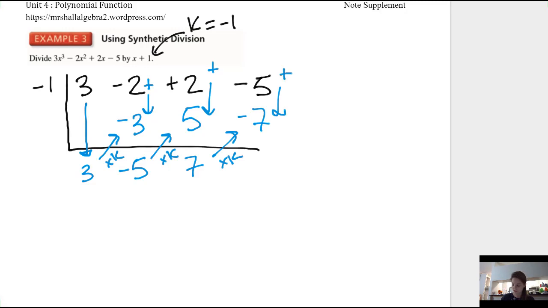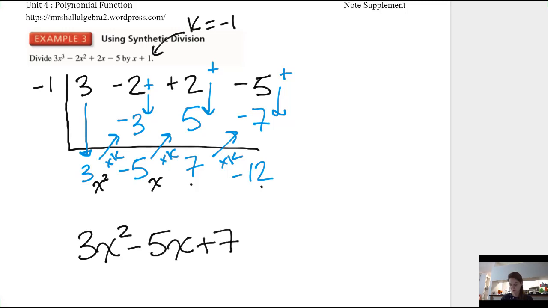Bring down to get -12. We have our remainder, our constant term, our linear term, our quadratic term. Let me rewrite the quotient as 3x squared minus 5x plus 7 plus -12 over x plus 1.